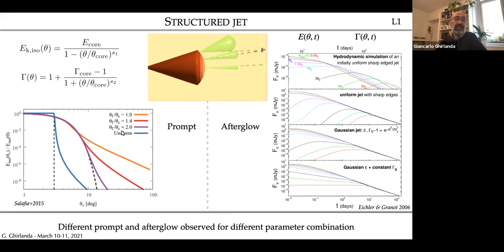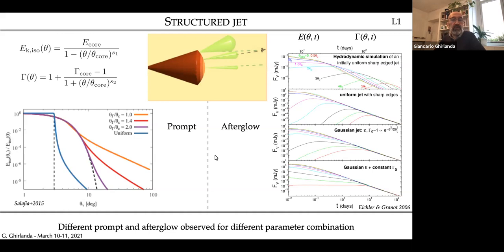If you vary their ratio, of course, you can obtain different slopes of the off over on view. This is quite simple because in the prompt emission, the game is done by giving a prescription for the kinetic energy and the prescription for the Lorentz factor, but they are both independent of time.